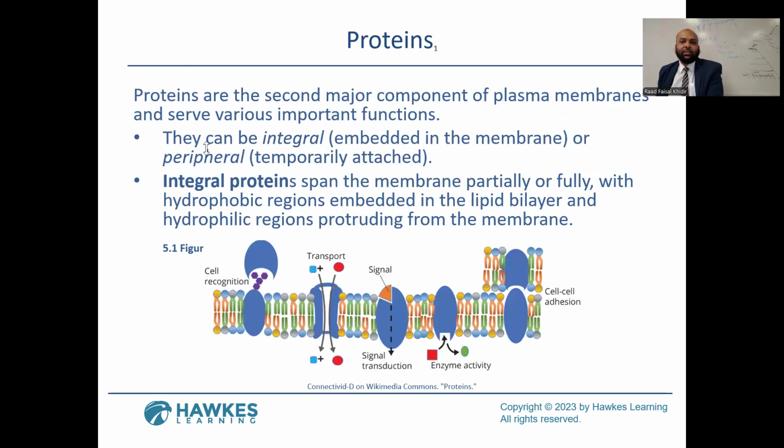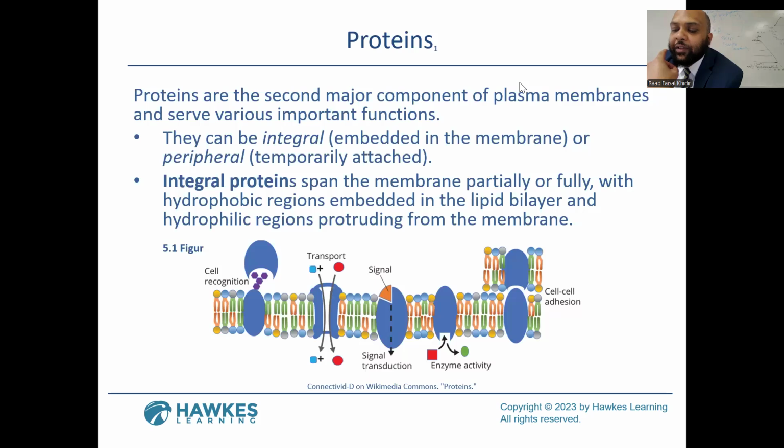So proteins are the second major component of the plasma membrane, and they serve various important functions. They can be integral proteins, which are embedded in the membrane, or peripheral, temporarily attached.